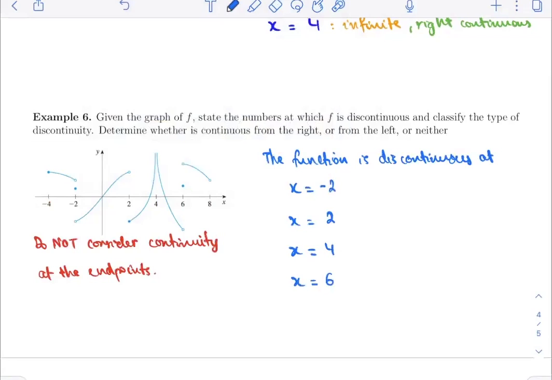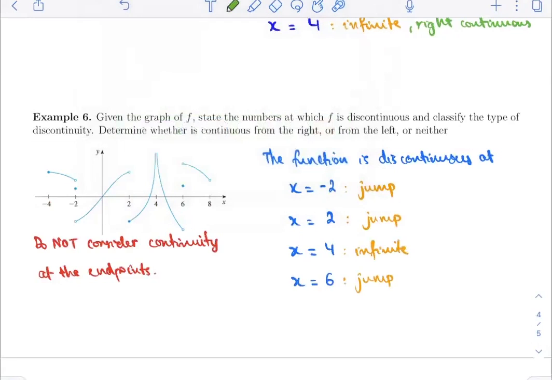Now we need to classify the type of discontinuity at each point. At x equal to -2, it is a jump discontinuity because there are holes and the limit at that point does not exist. At x equal to 2 is also a jump discontinuity. At x equal to 4 is an infinite discontinuity. And at x equal to 6 is also a jump discontinuity.